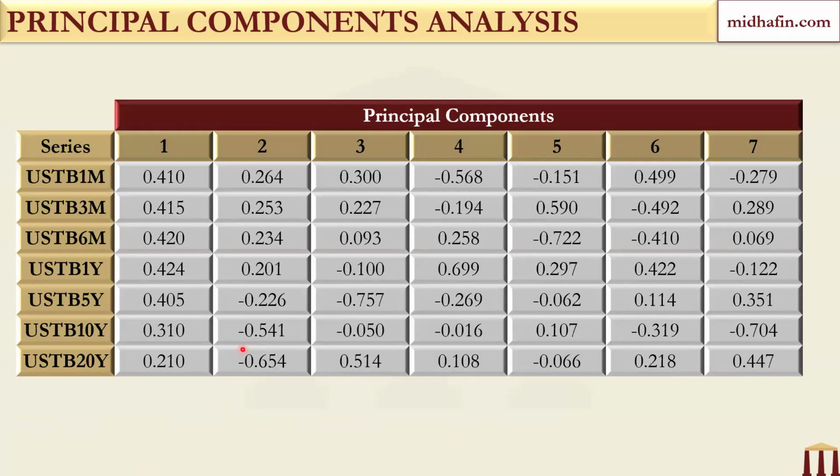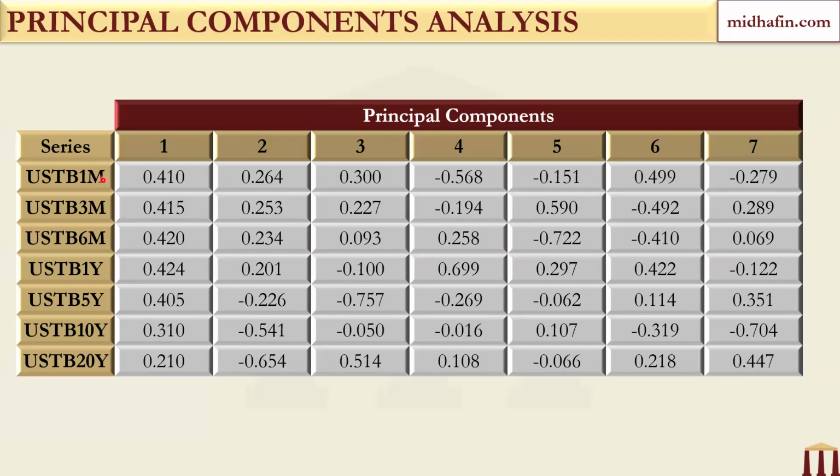A classic example from finance: the relationship between interest rates and the maturity of debt. How many factors are there? You have 1 month, 3 month, 6 month, 1 year, 5 year, 10 year, 20 years. So you have 7 factors used to explain all the rates, but these 7 are also highly correlated.